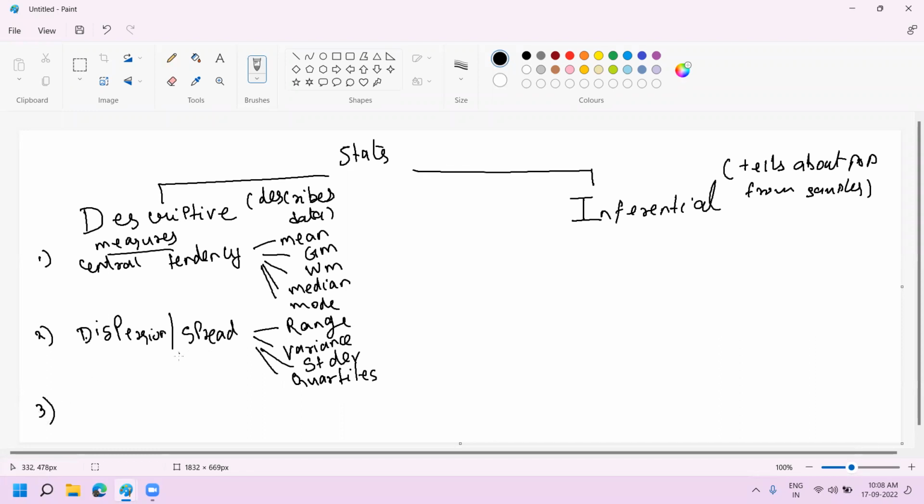Then the last one is measure of association. Association has covariance, then correlation.